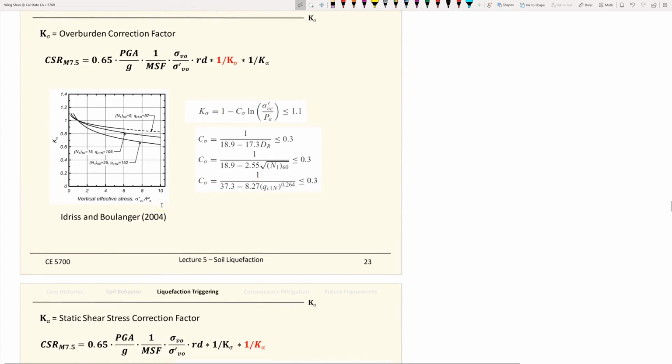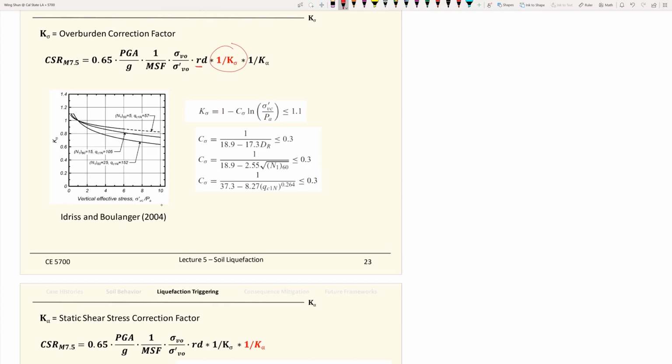Okay, so building up on the CSR stress profiles, we have two more correction factors that I want to talk about. First is K sigma, which is the overburden correction factor. This is correcting the overburden stress, a little bit like the depth reduction factors. This correction factor helps you penalize the loading, or reduce loading, when you're at greater depth, which means a higher overburden stress.